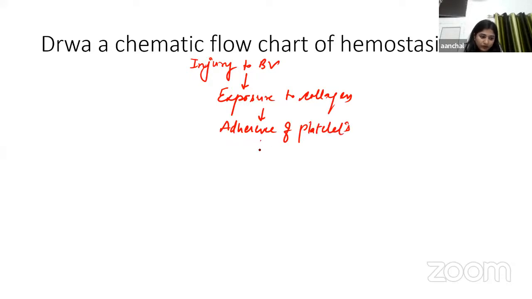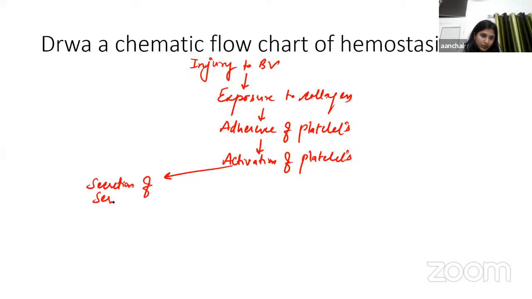Now there will be activation of other platelets, and finally there will be secretion of serotonin. Serotonin is responsible for vasoconstriction, so it will lead to reduced blood flow.